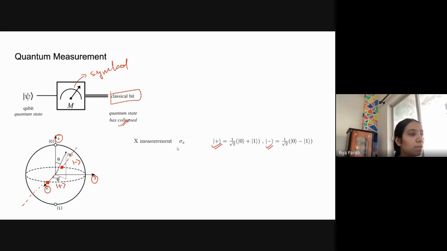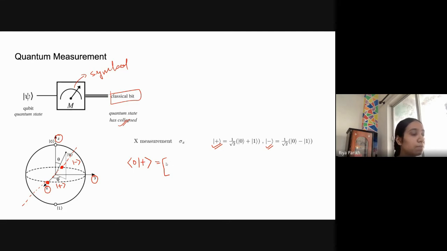When we actually apply measurement, what happens is just the inner product. So if I measure the qubit state 0 with a plus measurement, I will just be multiplying, taking the inner product.